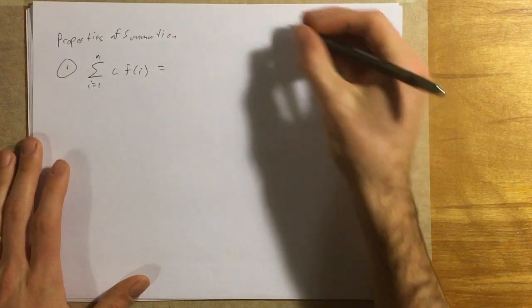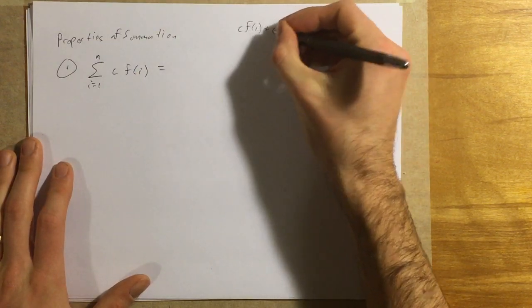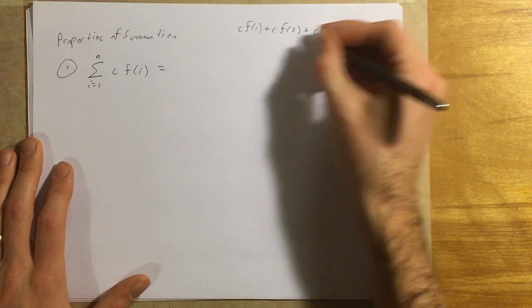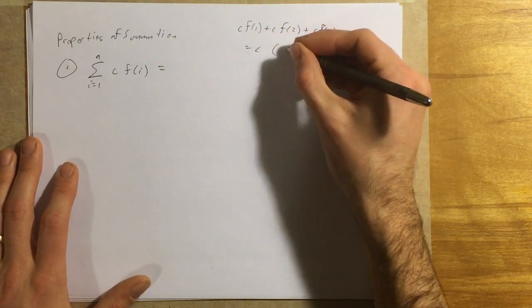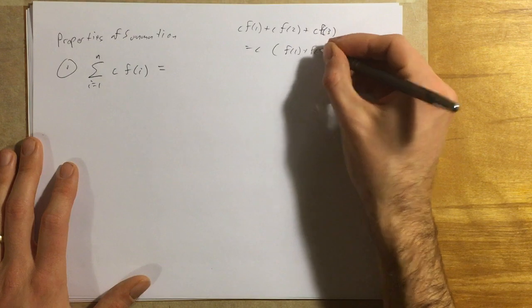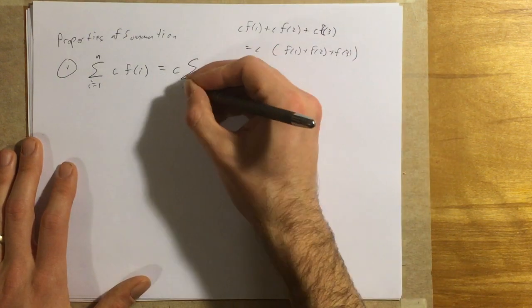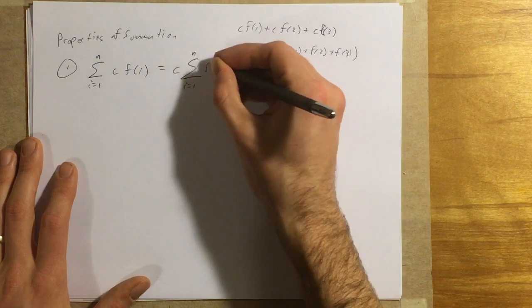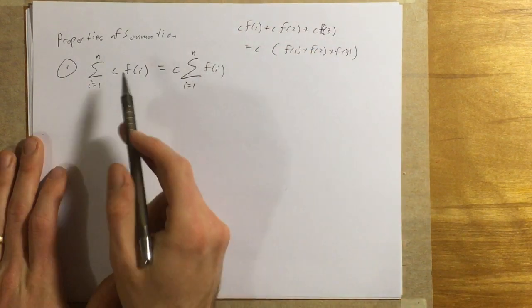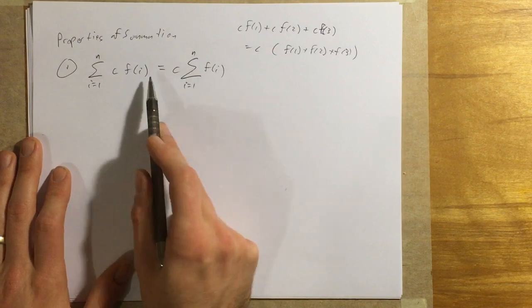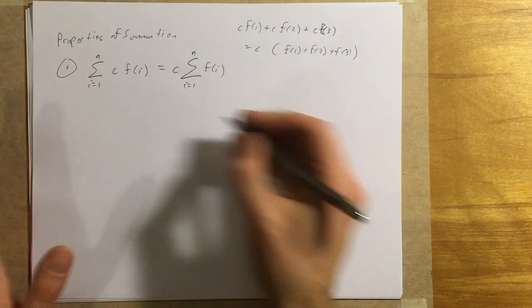So if you've got c f of 1 plus c f of 2 plus c f of 3, you can just factor the c's out and get c times f of 1 plus f of 2 plus f of 3. And that gives us c times the sum of f of i. Okay, so you can pull a constant outside of a sigma, and that's just factoring it out of the sum. So that's the first property.